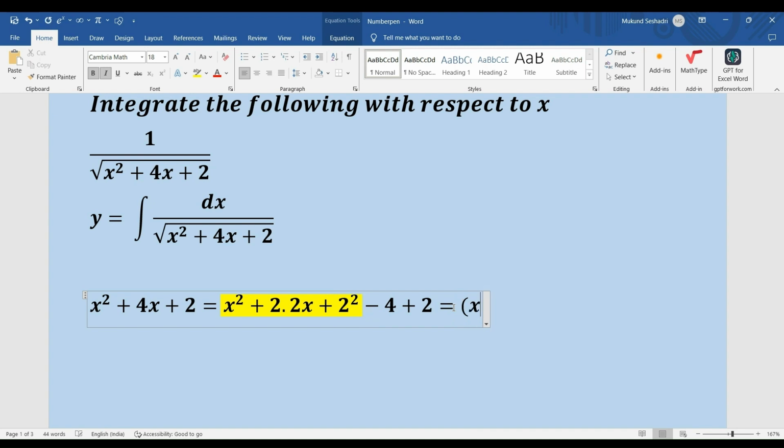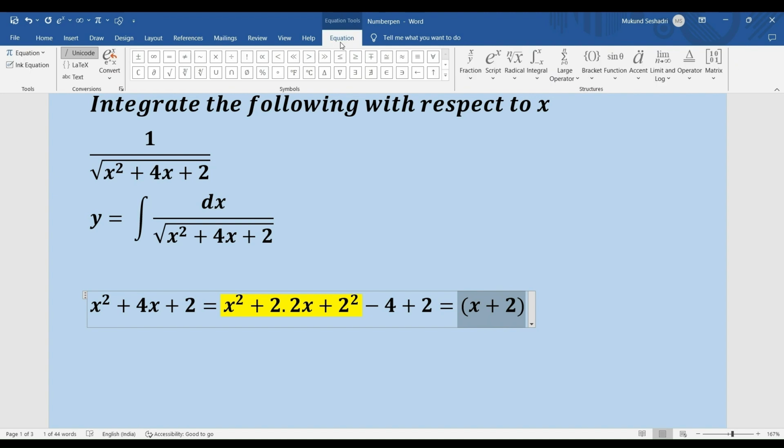I hope you folks are with me. Again, the formula that we use here is from algebra. A plus b the whole square equals a square plus b square plus 2ab, right? So the portion of the expression highlighted in yellow is nothing but x plus 2 the whole square, and then I have a minus 4 plus 2, which is nothing but a minus 2, right?